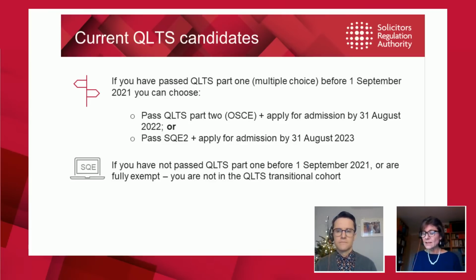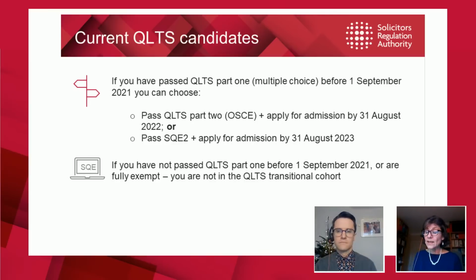If you have either not yet attempted any part of the QLTS, or if you have attempted the multiple choice test but failed it, then you are not in the transitional cohort. And if you're in that position by the 1st of September 2021, you can obviously carry on and pursue a qualification as an English solicitor, but you have to do that through the SQE, and the QLTS will no longer be available for you.